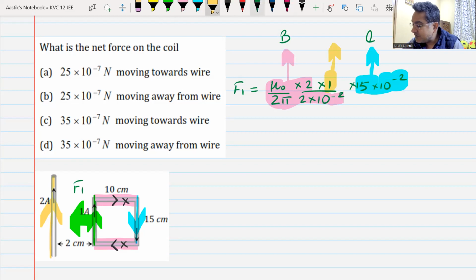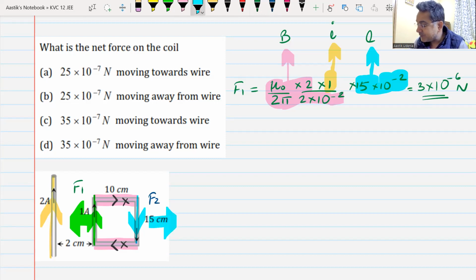Do we understand this, everyone? Yes, sir. If I multiply these three quantities, I am going to get 3 into 10 raised to the power of minus 6 newtons. Similarly, if I want to find out the value of F2, this F2 would be repulsive.